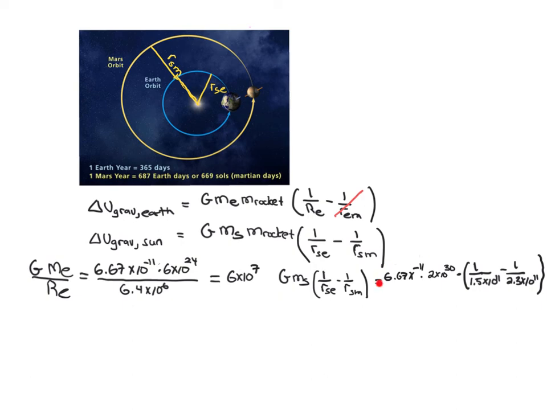So when we plug all these numbers together, what do we get? You get about 3 times 10 to the 8th. So that's in fact a bigger effect, a bigger change when you go from the surface of the Earth to Mars. The change in potential energy due to the interaction with the sun's gravitational force is actually greater than the change in potential energy due to the Earth.